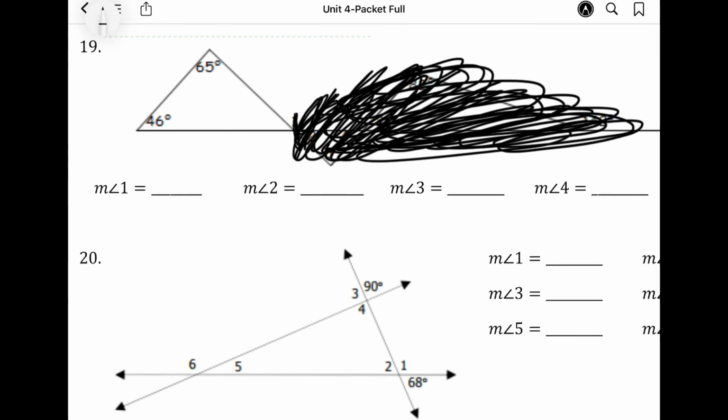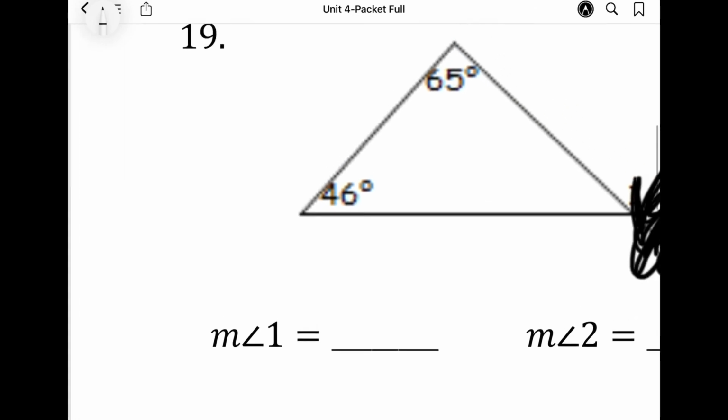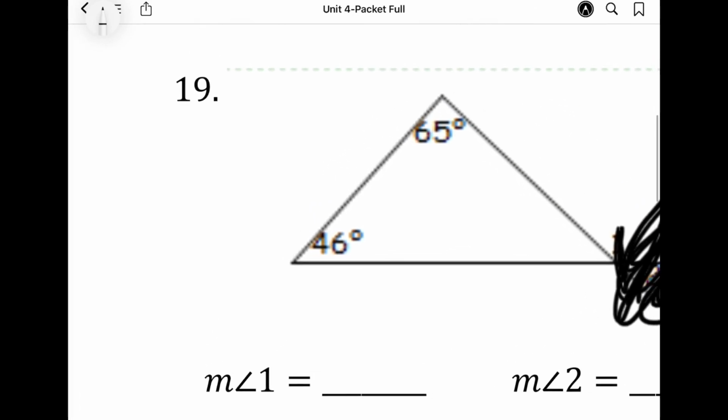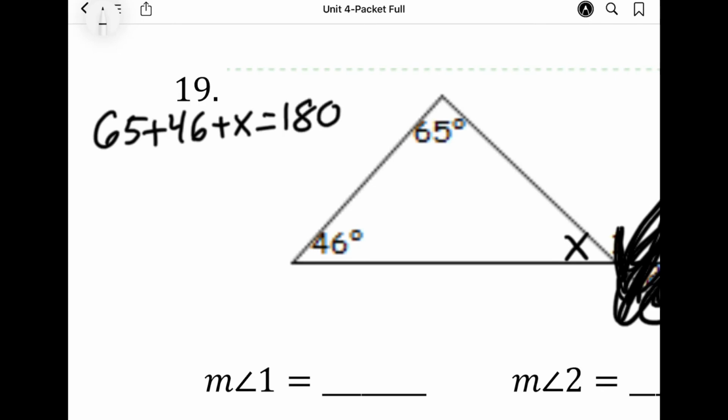Well, that first triangle, we are told 2 angles, and we kind of need to know that third angle. So we're going to use what we've done before in this lesson. We're going to add all of them together. So let's use a random variable, let's say x. 65 plus 46 plus x equals 180.